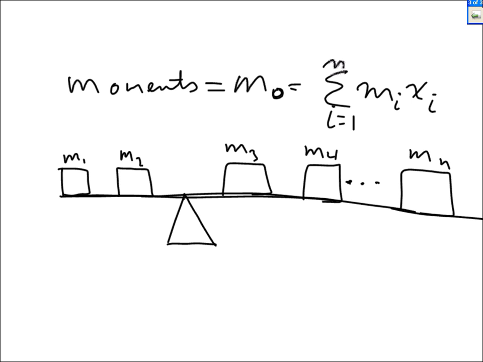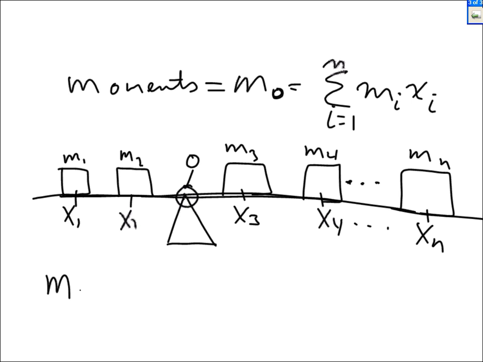You should think of this line that I drew as an axis, and you think of the fulcrum being at 0. So this is x1, maybe it's -3, because if you're to the left of 0, you're negative. This is a distance x2, x sub 3, x sub 4, all the way up to x sub n.